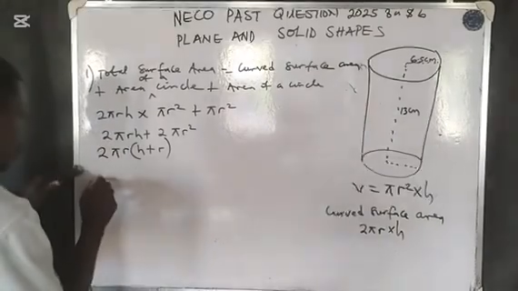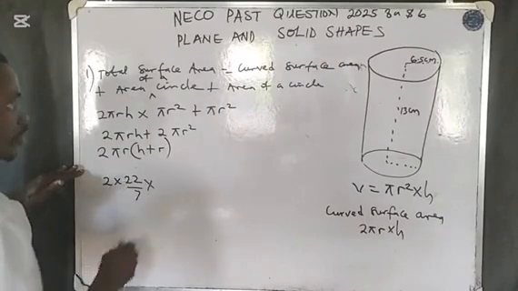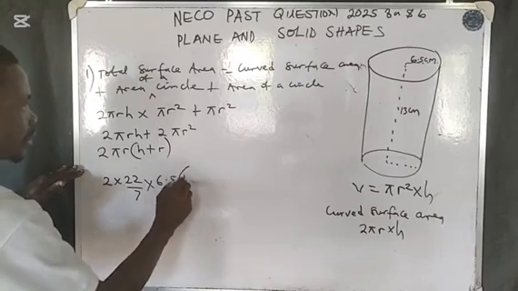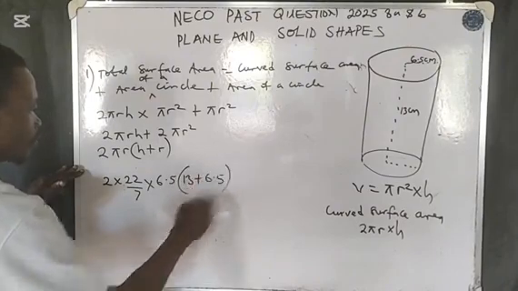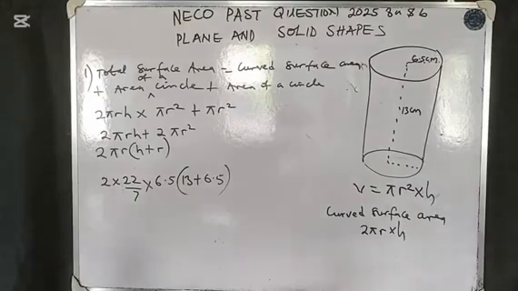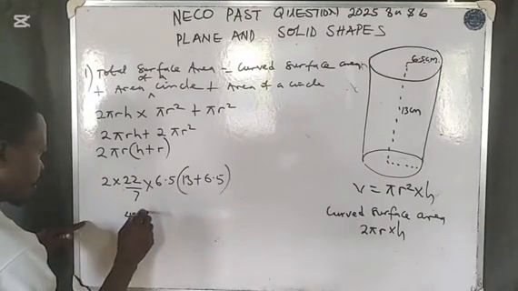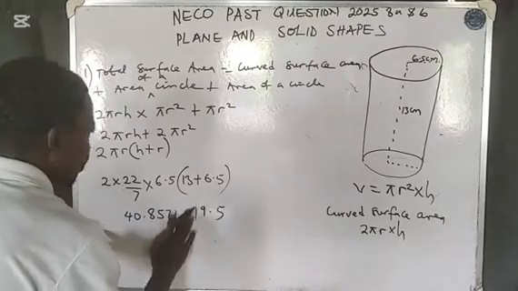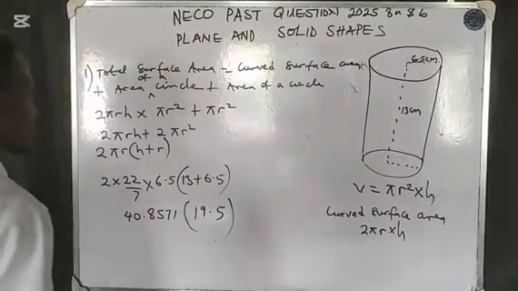So we have 2 times 22 over 7 times radius 6.5 times the height 13 plus radius 6.5. Now 44 times 6.5 divided by 7, 40.8571. The bracket is there, right?